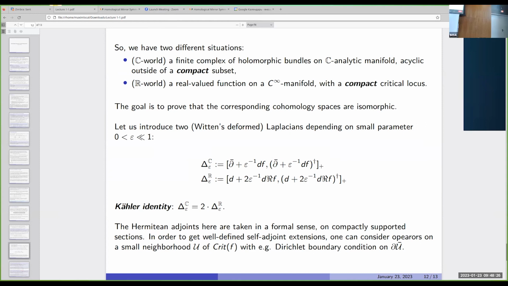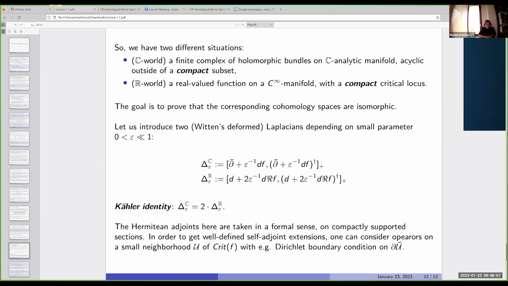When you have a Kahler metric, you get the usual Kahler identity: twice the complex Laplacian is the real Laplacian. So that's a misprint.